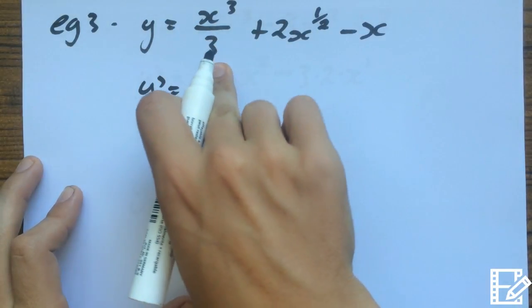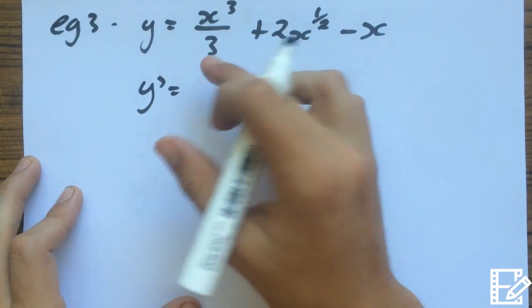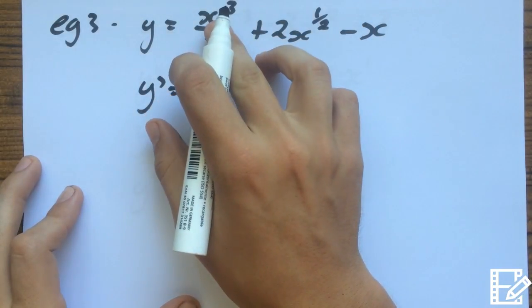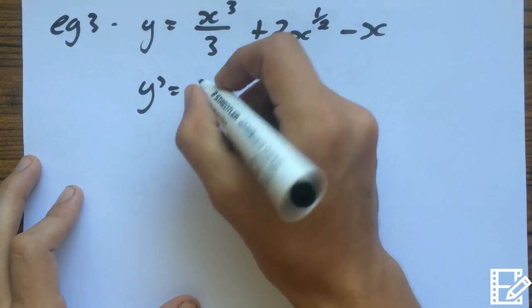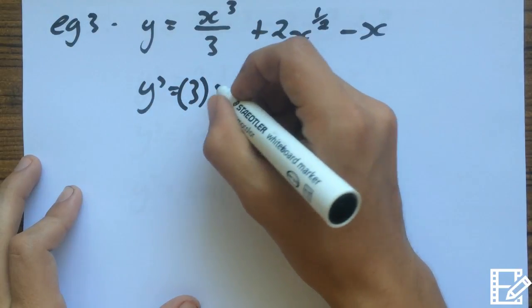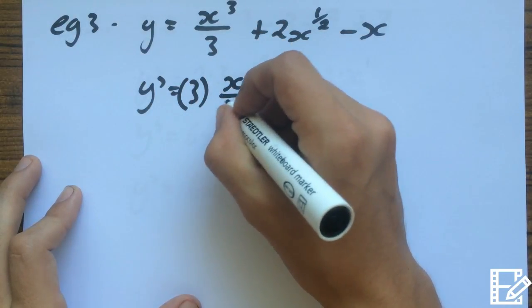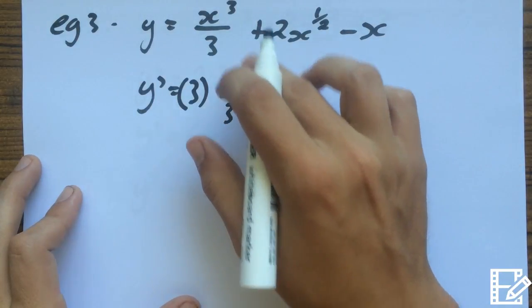Let's start with the first bit, which is x to the power of 3 over 3. Like the power rule suggests, we bring the power down and multiply it. So we have 3 multiplied by x to the power of 2 on 3, because we take 1 off the power.